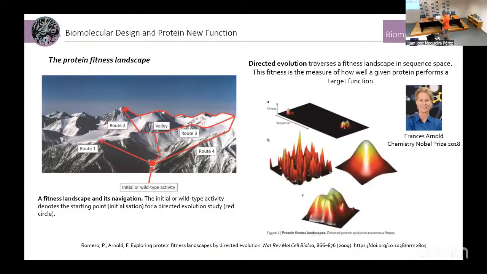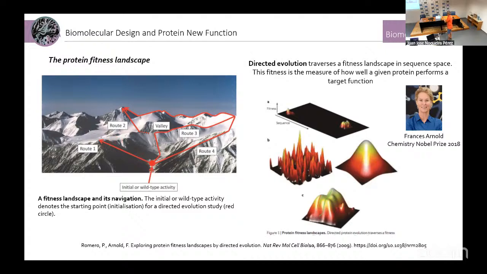This can also be described in terms of what is called the protein fitness landscape. What does it mean? In evolution, or in directed evolution in this case, what we are doing is starting from an initial activity towards a particular chemical reaction catalyzed by this enzyme, and by introducing changes in the protein sequence, we can navigate through this fitness landscape towards desired new functions.